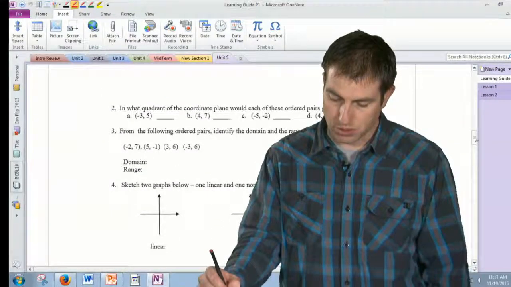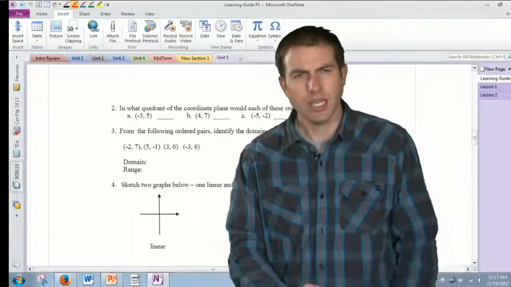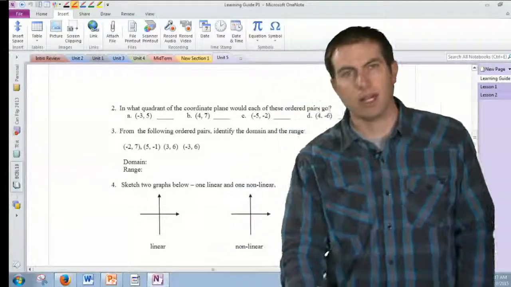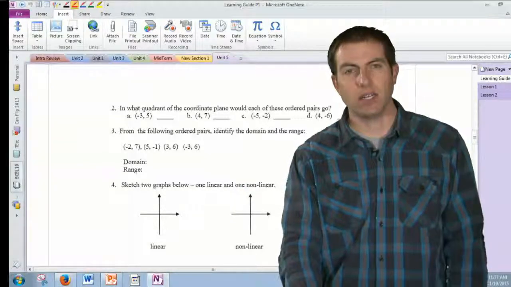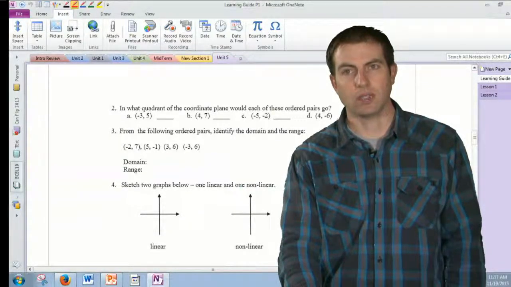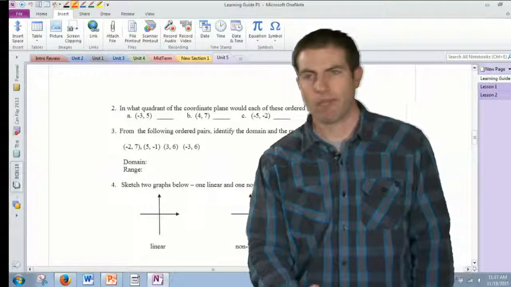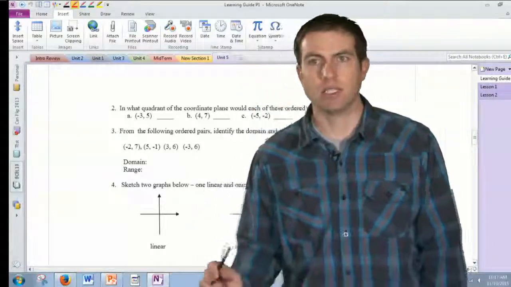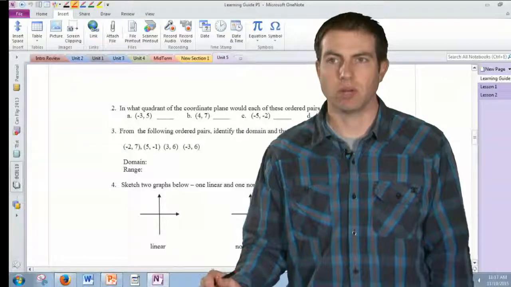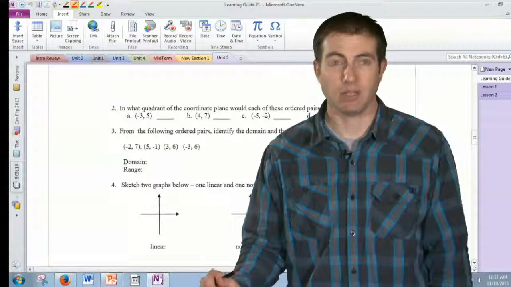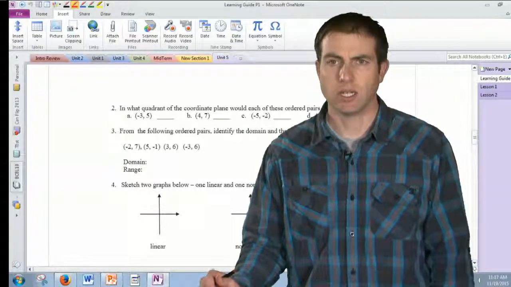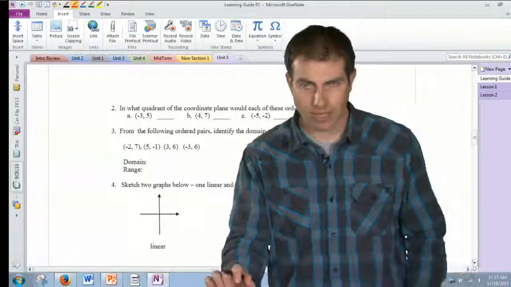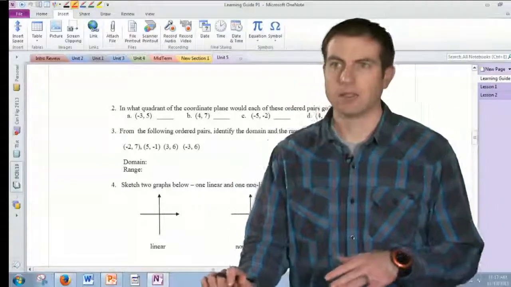In what quadrant of the coordinate plane would each of the following ordered pairs go? Now, you guys mentioned you'd seen ordered pairs. Had you dealt with negative values in terms of ordered pairs or not? You can just throw it in chat. No, Mr. Borden, have not seen negative values for my ordered pairs. Yes, you have seen. This could get confusing. Alex hasn't. Taylor has.